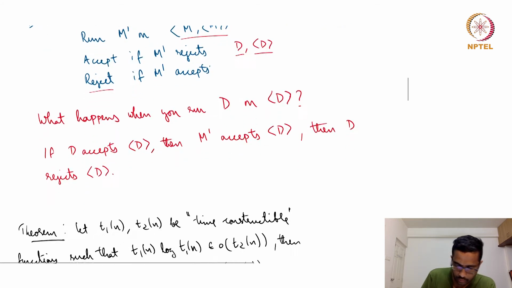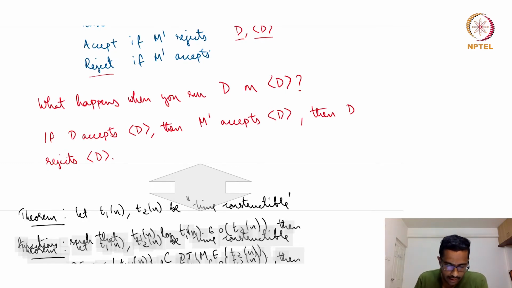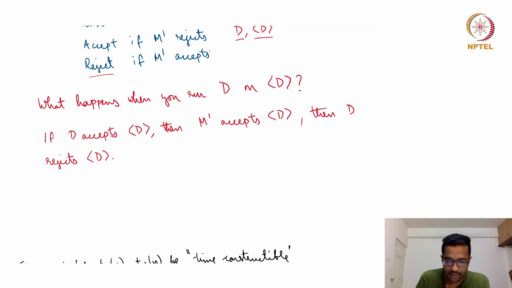So note where we started and where we ended up. If D accepts its own description, then M prime accepts the description of D, but then D does the opposite of what M prime is doing, right? So D will reject the string. So there is a contradiction.